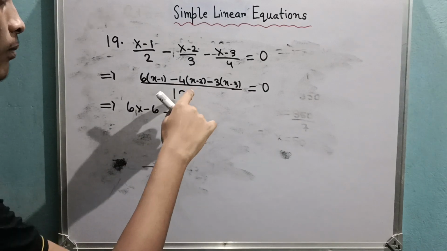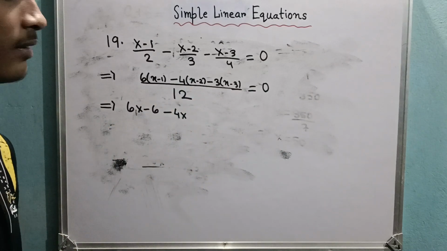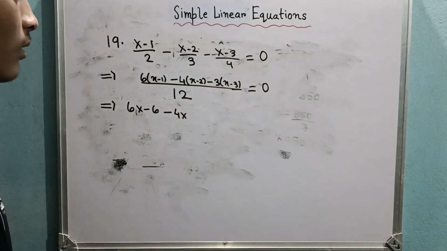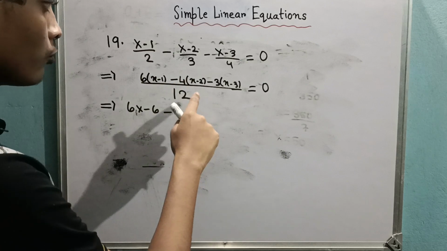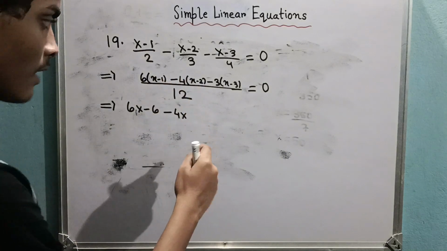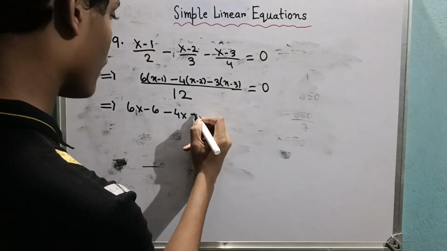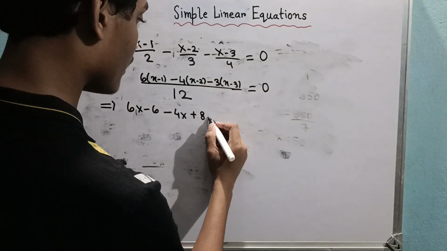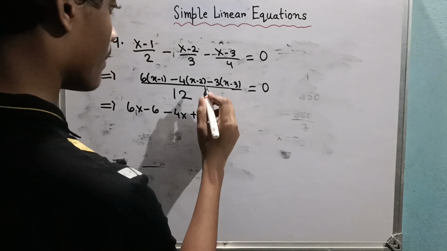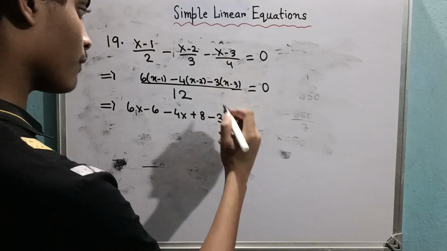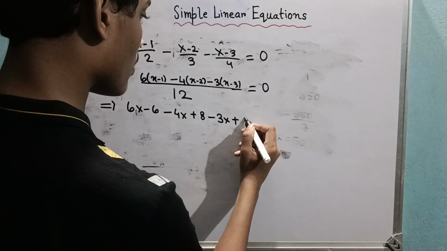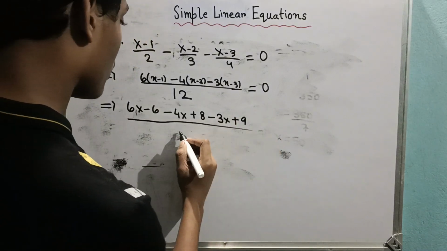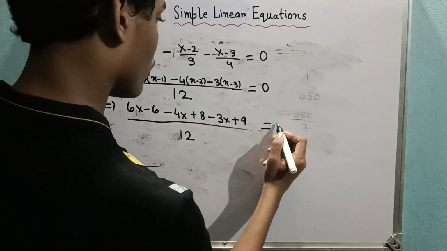They write that minus 4 into minus 2 is minus 8. They don't see this minus sign. Don't make this mistake. Minus 4 into minus 2: minus into minus is plus, and 4 into 2 equal to 8, plus 8. And here also same, minus 3 into x, minus 3x, minus 3 into minus 3, minus minus plus, 3 into 3 equal to 9, plus 9, divided by 12 is equal to 0.